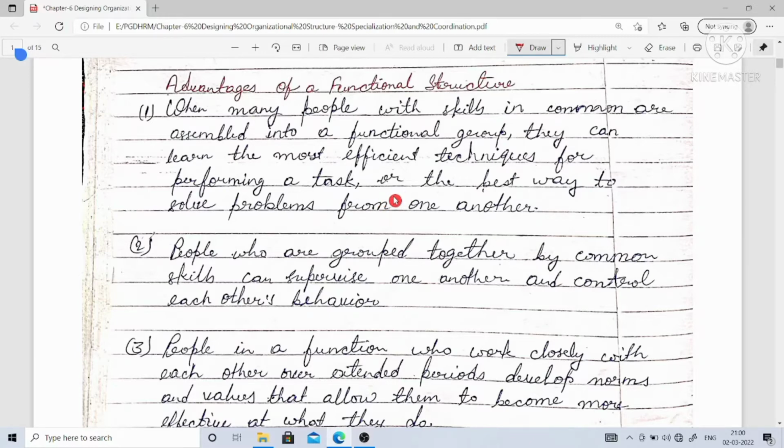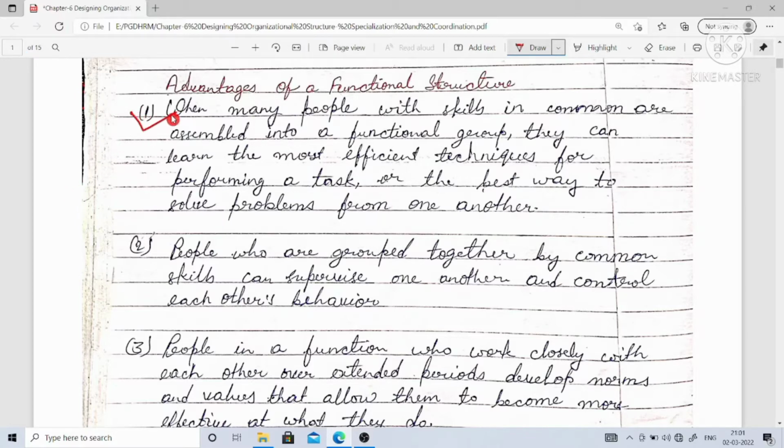It means if people are grouped on the basis of common skills or expertise, they can learn more from one another, and that improves their efficiency and their performance. So that was the first one.